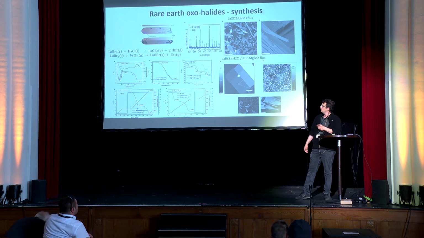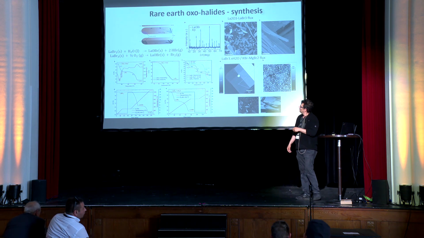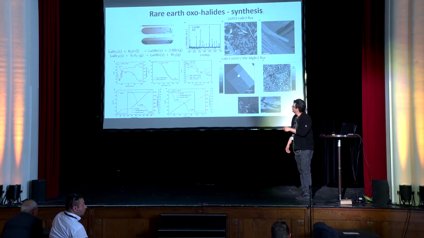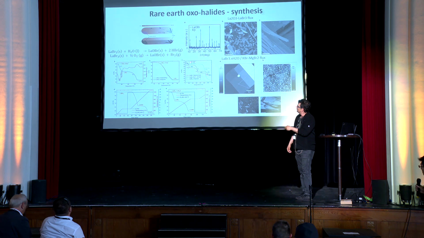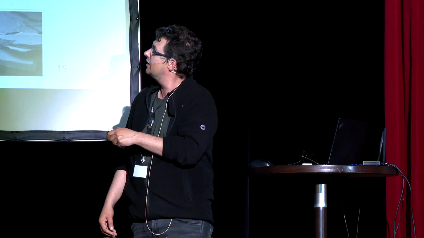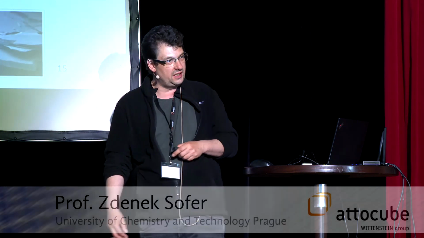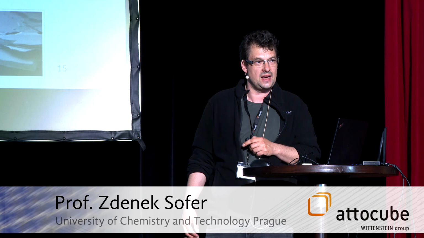Yeah. From the TG curves, even heating in air, which was performed here to study the decomposition and the temperature of formation, this one was in air, by the decomposition of hydrated lanthanum bromide. You can see that this oxobromide forms at temperatures above 500 degrees Celsius, and it's stable even up to like 800 degrees in air for a limited time.